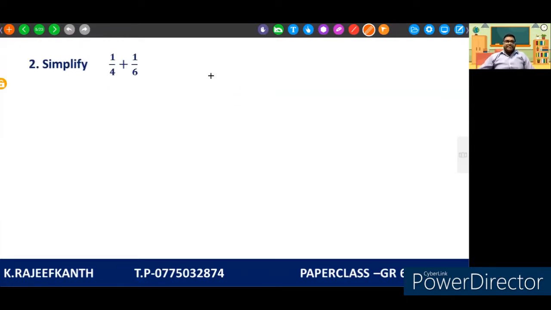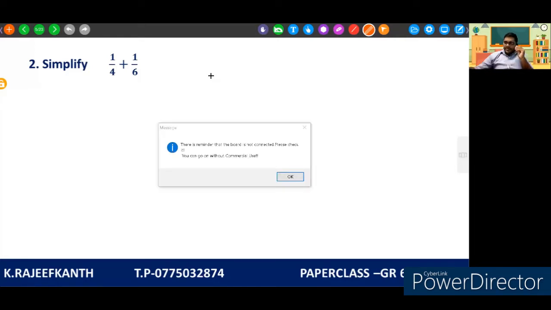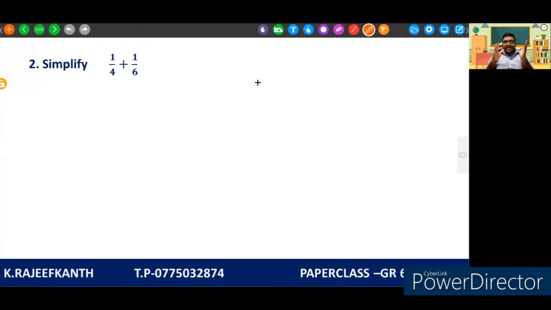Then question number 2, simplify 1/4 plus 1/6. Here you have to add these two fractions, right? When you are adding two fractions, you have to consider the denominators.